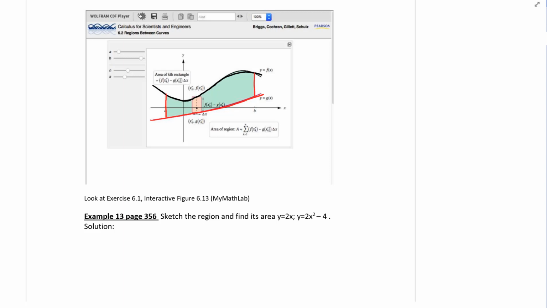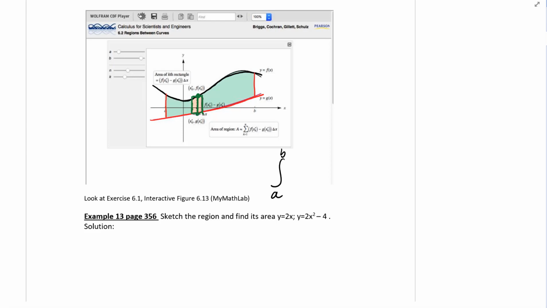Now, we know that we want to calculate the integral between a and b, but why f of x minus g of x? Why does that happen? Well, if we take a look at this rectangle that I'm going to draw in green, the area of this rectangle is the length times the width. Now, the length is the distance between the f of x graph and the g of x graph.